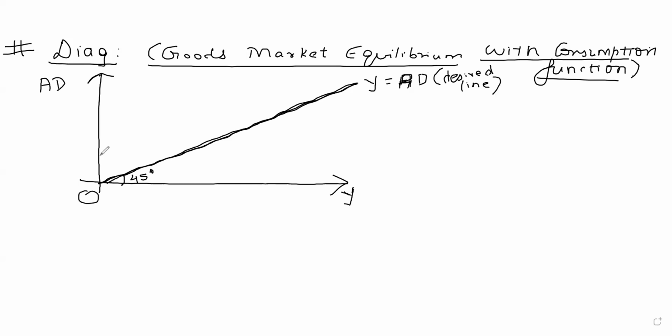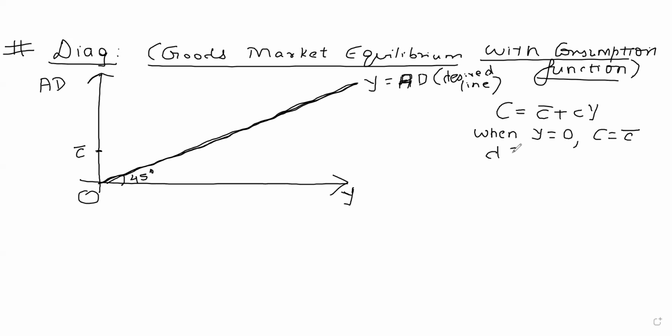How do I plot the consumption function? My consumption function is C bar plus cY. So when Y is 0, my C is equal to C bar. When my Y is 0, consumption is equal to some autonomous level of consumption, C bar.